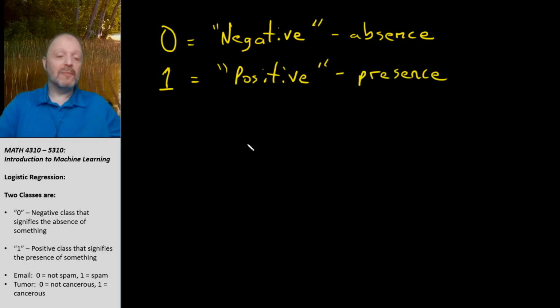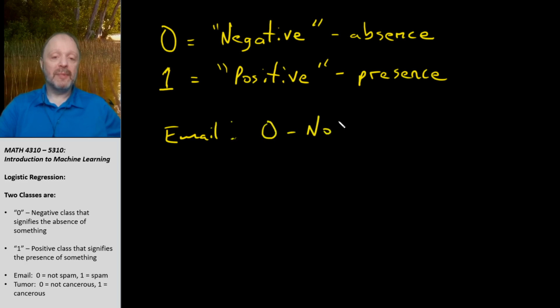In our case of talking about the email, if we're checking to see if the email is spam, a 0 would be not spam, and a 1 would be spam. So the absence of spam is the 0 group. The presence of spam is the 1 group. Same thing for the tumor.